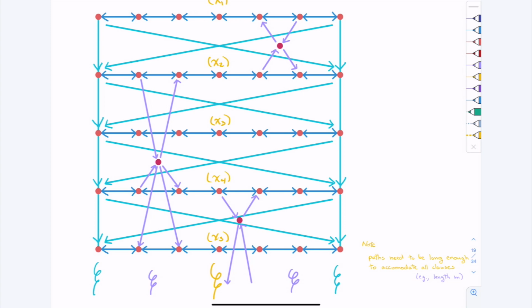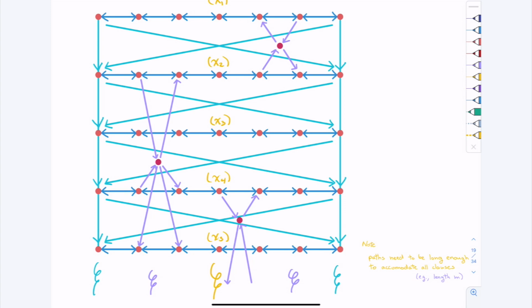We'll have to make the paths wide enough to accommodate all of the vertices. You don't have to make them that long because you already know that 3 occurrence SAT is also hard. So you can assume, for example, that each variable only appears in 3 clauses, in which case the paths only have to be constant size.